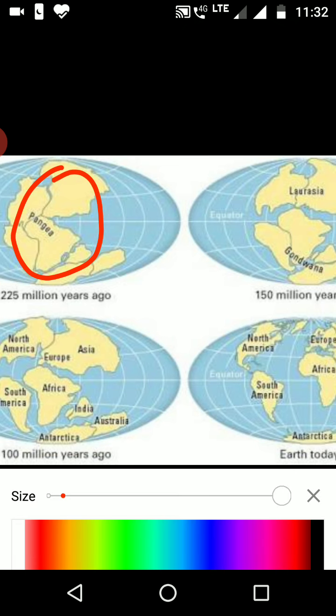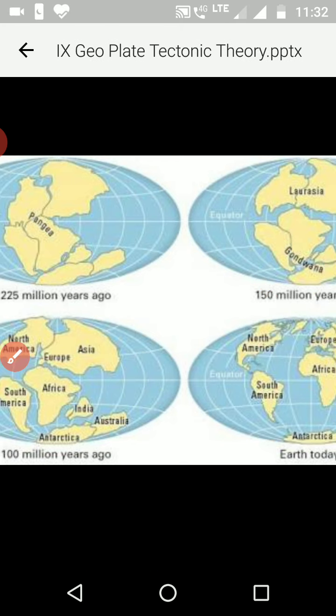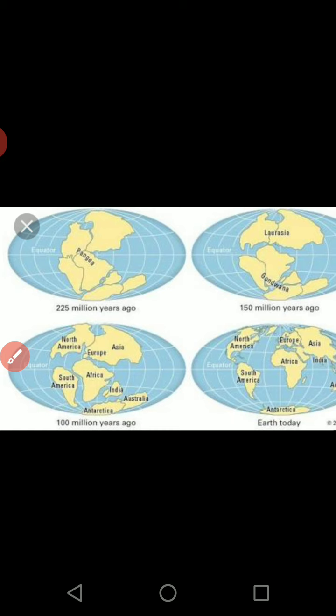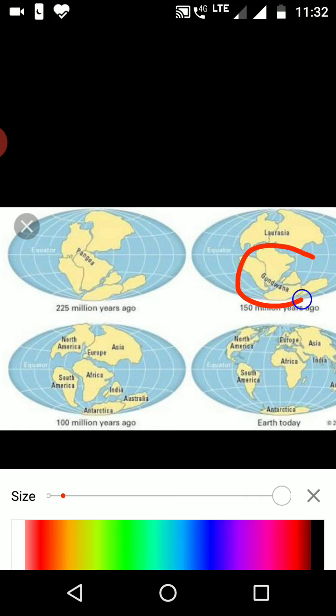After that, we find the same Pangaea has got divided into two different continents. The northern one became Laurasia and the southern one became Gondwana land. Now Gondwana land is important for us because India was a part of Gondwana land.